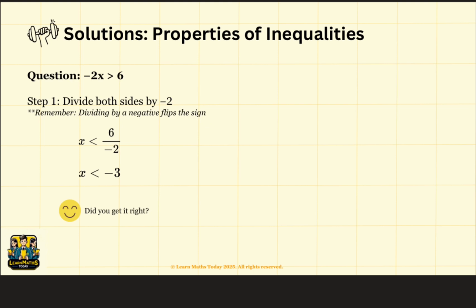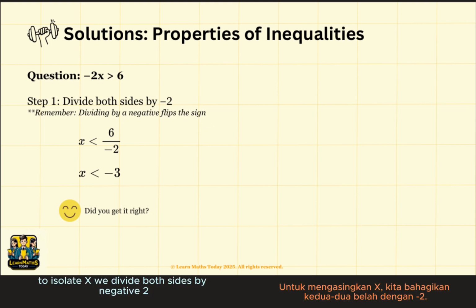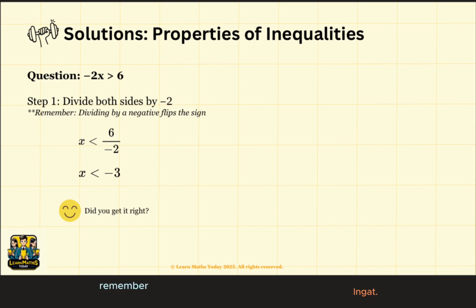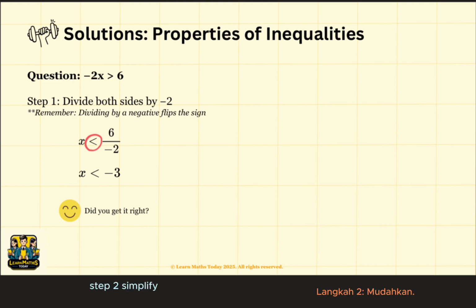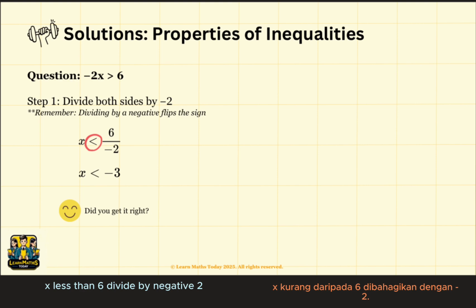Isolate x. To isolate x, we divide both sides by negative 2. Remember, dividing by a negative number flips the inequality sign. Step 2. Simplify. x less than 6 divided by negative 2 gives us x less than negative 3.